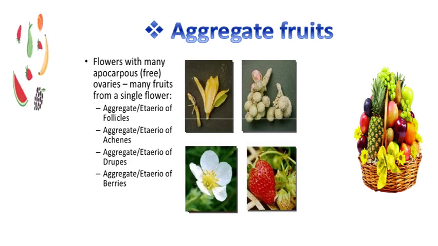So we have four different forms of aggregate fruits. One, we have aggregate or etaerio of follicles. Then we have aggregate etaerio of achenes, and then we have aggregate etaerio of drupes, and then we have aggregate etaerio of berries.